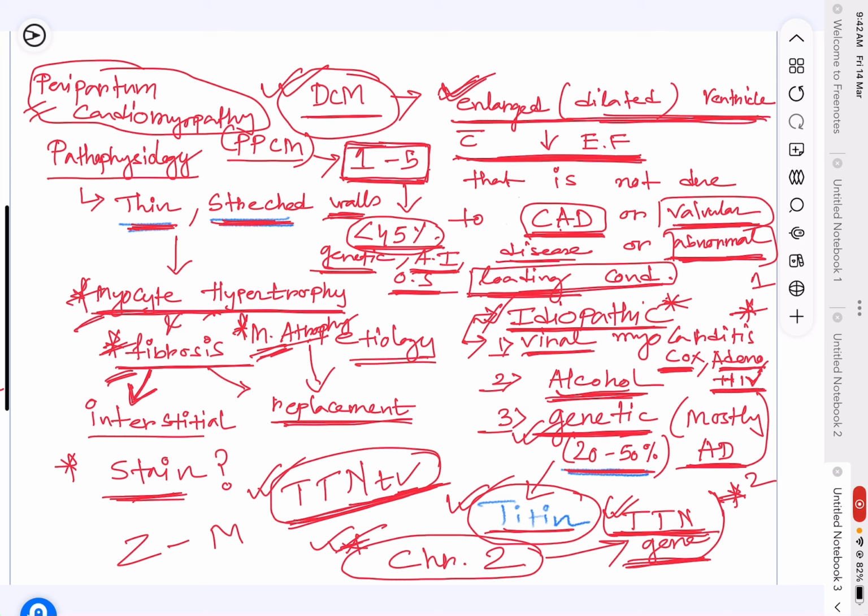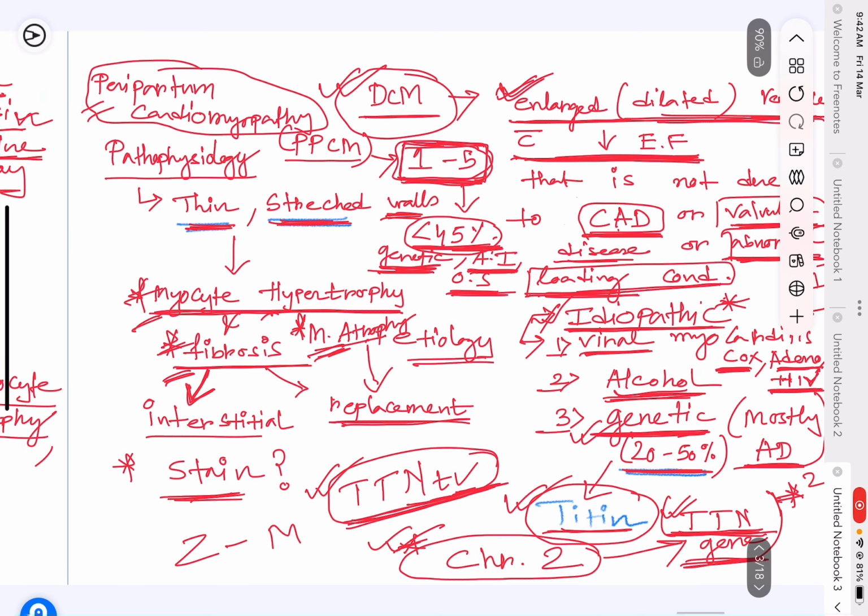PPCM happens from 1 month before delivery up to 5 months after delivery. Within this time frame, you develop PPCM. The ejection fraction decreases to less than 45%. The causes are genetic, autoimmune, and oxidative stress. All these three together cause peripartum cardiomyopathy.